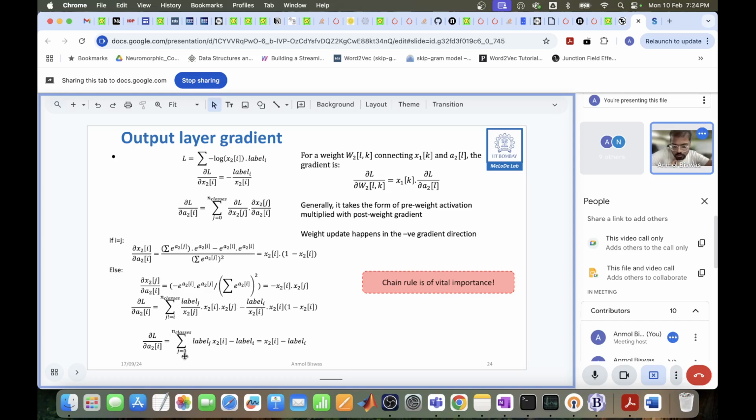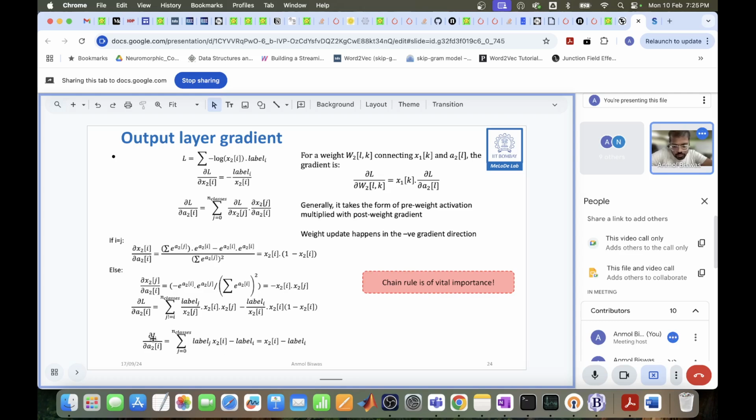And then we combine these two summations and build one single summation, which you'll get like this. So you get label j times x2I minus label I. You cancel this x2I from the numerator and denominator, and then you multiply with this term, so you get label I times 1 and then minus label I times x2I, right?